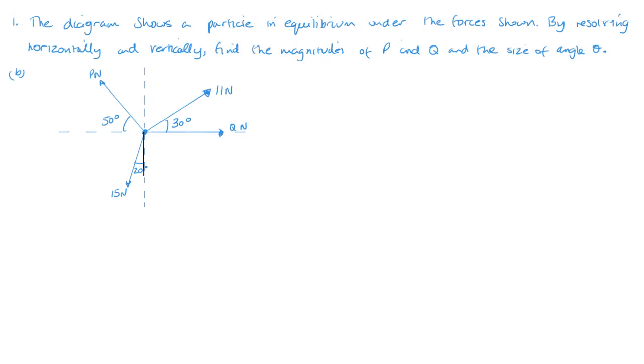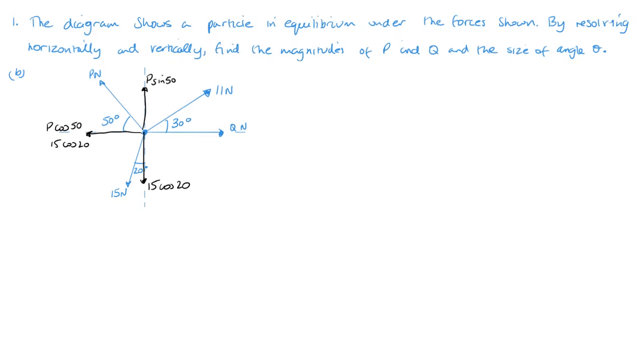So let's go ahead and resolve. I'll start with this one down here. So 15 cos 20, and across will be 15 cos 20. Then let's look at the P. Going across will be P cos 50, and up will be P sine 50.